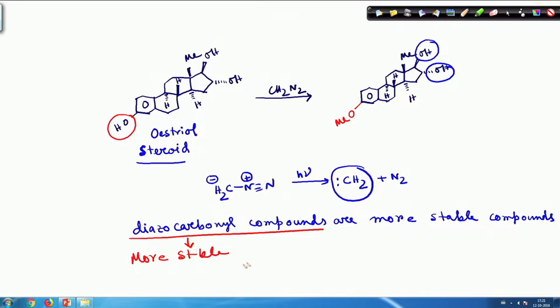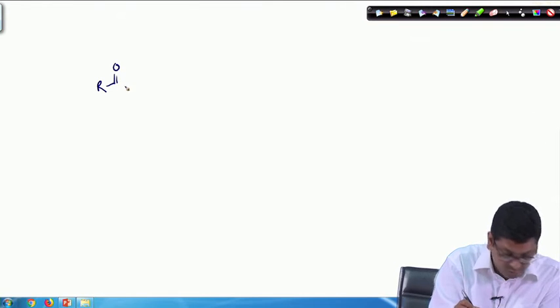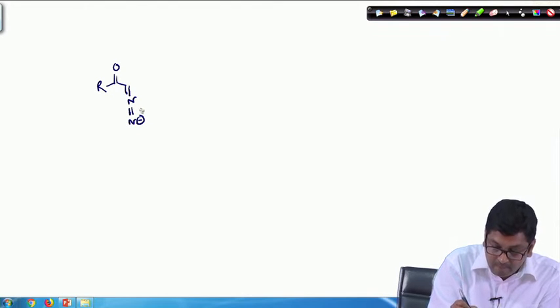Okay. So, now why is this stable? If you see the structure of these diazocarbonyl compounds, it is something like this.